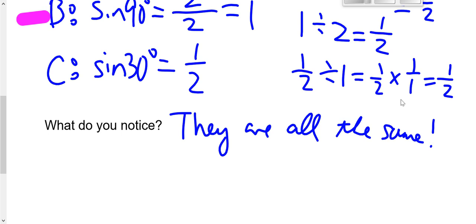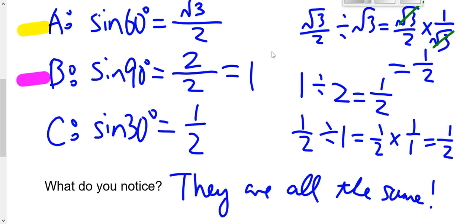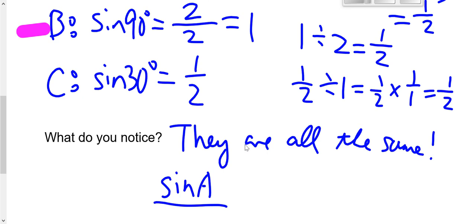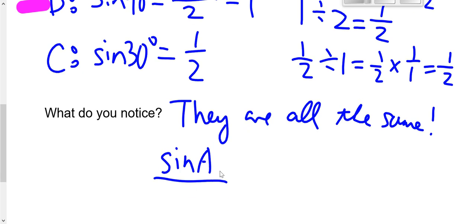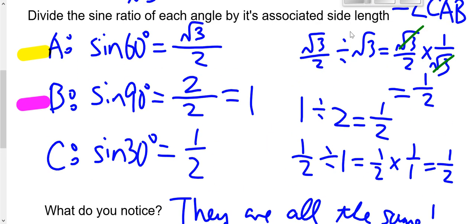So if you look at this, sine of angle A divided by the length of the corresponding side, or the side across from the angle, in this case the small a, will give you the same value as the sine of another angle, in this case angle B, divided by its associated side length.